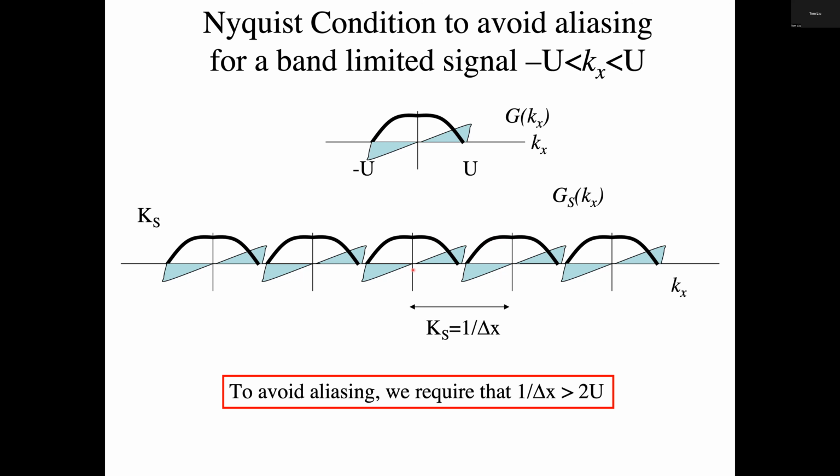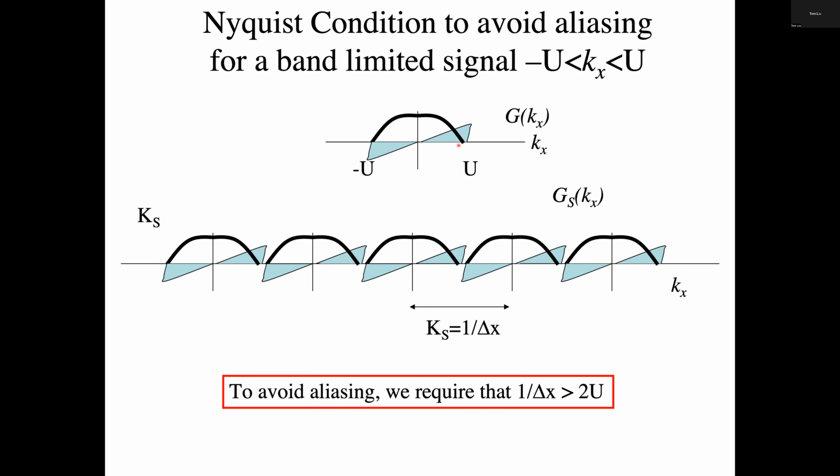And so making these separate is the goal of sampling, such that you don't get aliasing. So I need to sample at a high enough frequency such that, if I know what my band limit is, my replicants of this Fourier transform are separated.